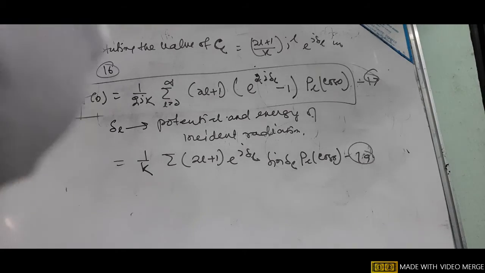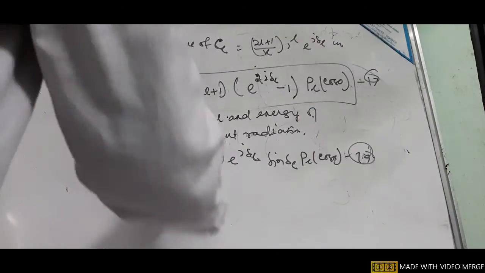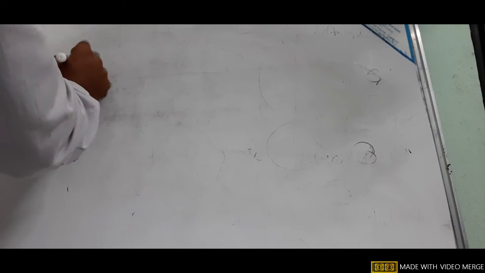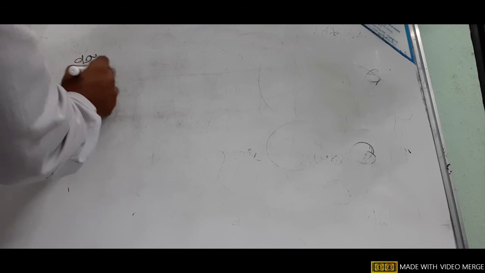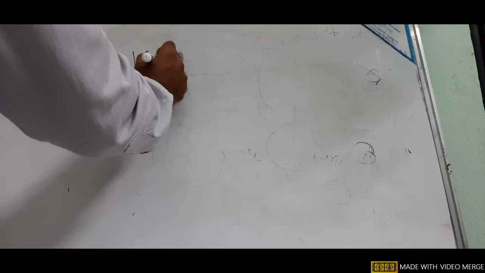So the scattering cross section, that is d sigma by d omega, is equal to the modulus square of f theta.